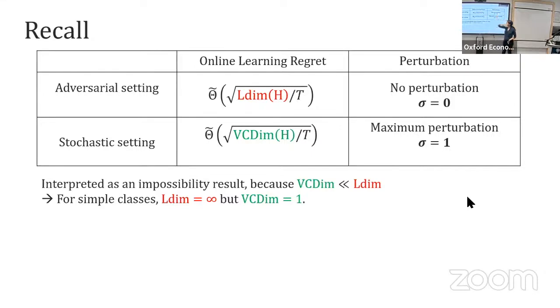When things are stochastic, it's a subset of having maximum perturbation. Like if perturbation sigma is 1, in fact, you're either a uniform distribution or any fixed distribution. And that's exactly where you're seeing Littlestone dimension versus VC dimension coming in. And we said this is impossible, this is vanilla easy.